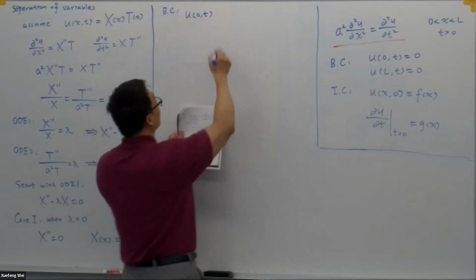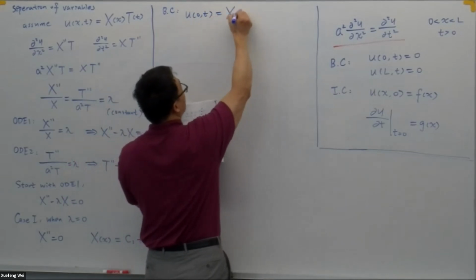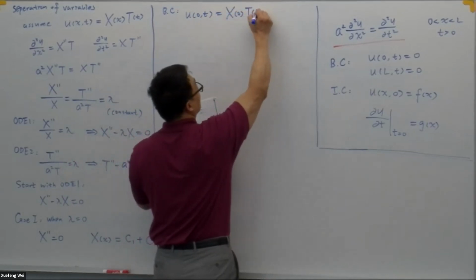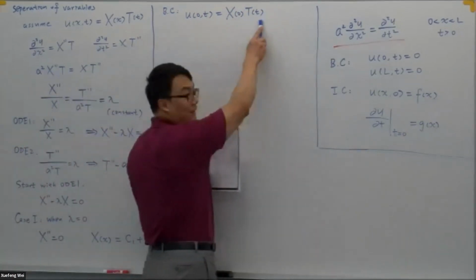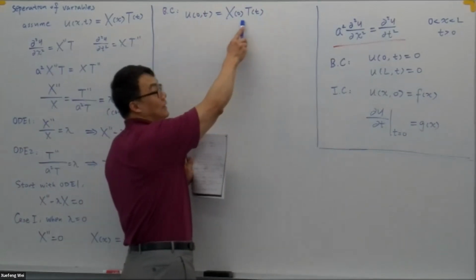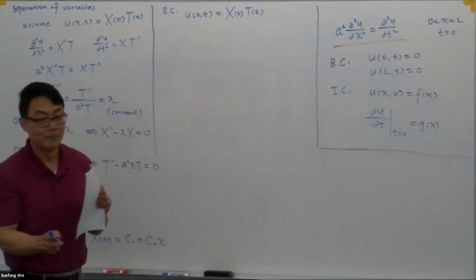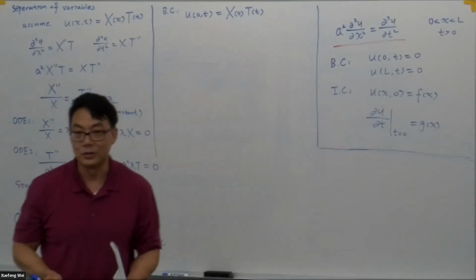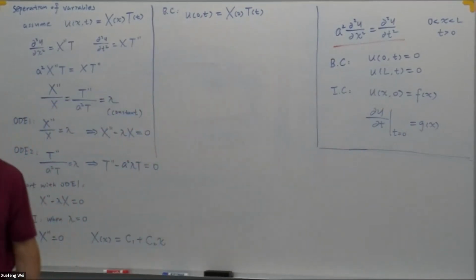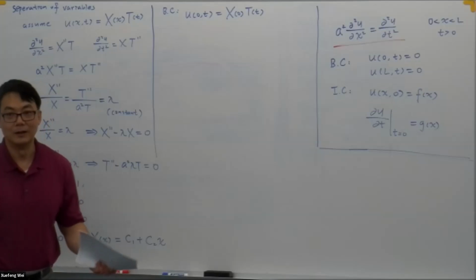Boundary condition is we have u(0,t), which is actually X(0)T(t). Because T(t) cannot be zero, X(0) has to be zero. Because if T(t) is zero, then u is zero at all times.